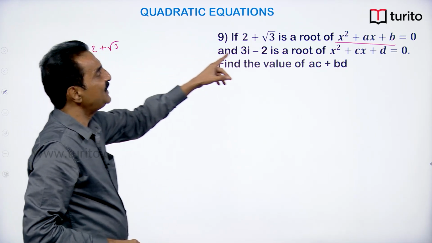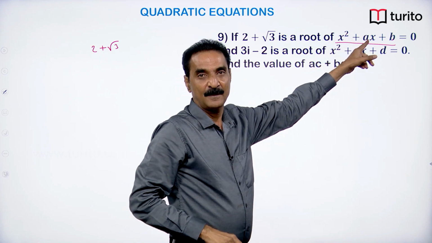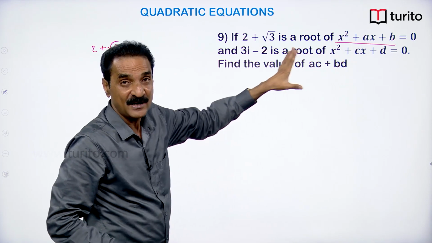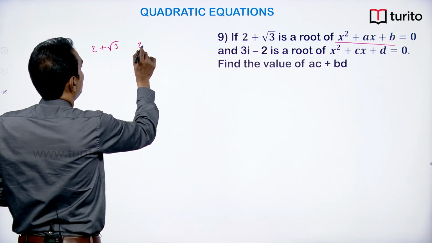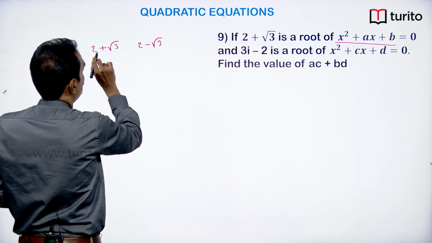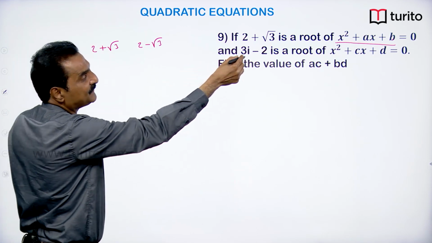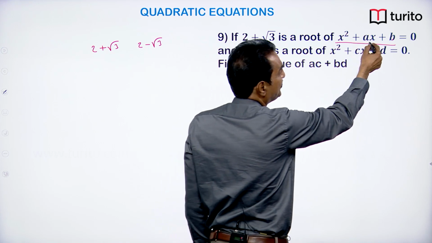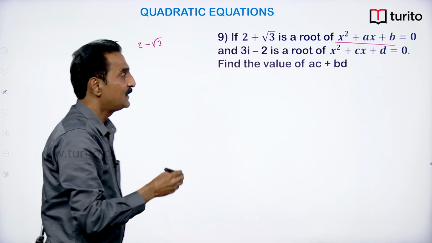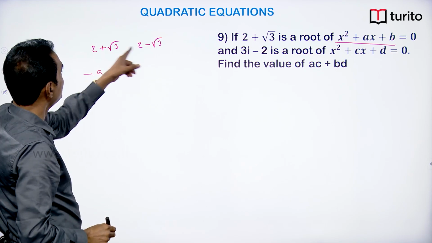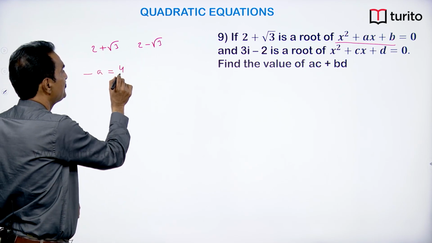If 2 plus root 3 is a root of this equation and A and B are rational, then 2 minus root 3 will also be a root. So, the other root is 2 minus root 3, its conjugate. Then what is sum of the roots of that equation? Sum of the roots is minus a, is equal to, what is the sum? 4.